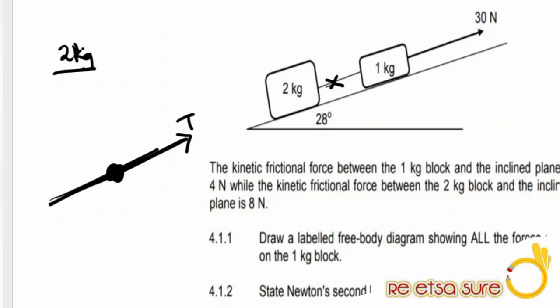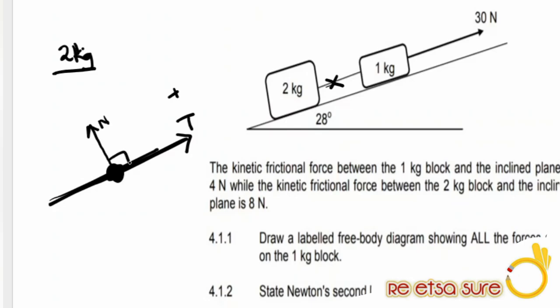In this diagram, the tension will be negative, but in this diagram, the tension will be positive. Okay, and then what else do I have? I do have the normal force.